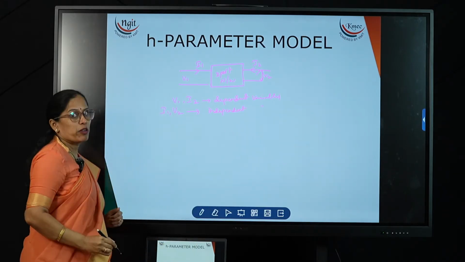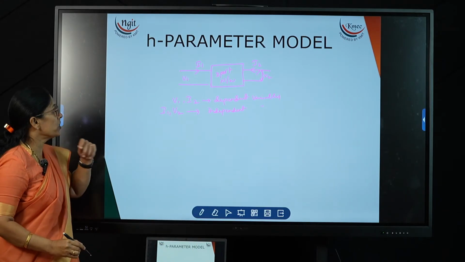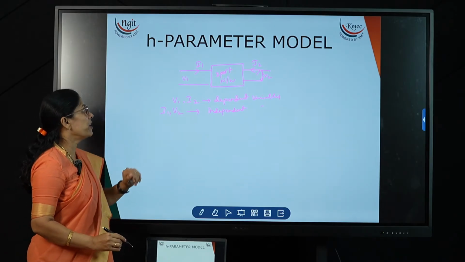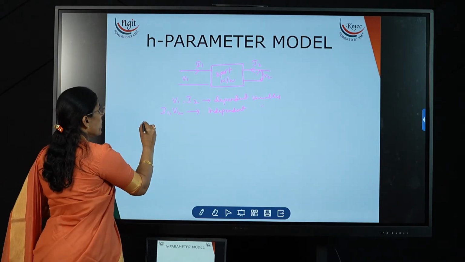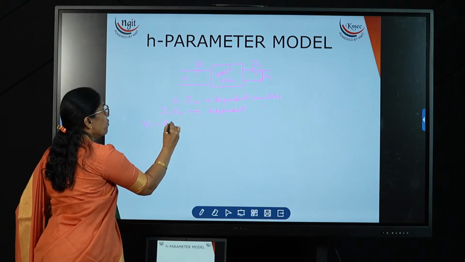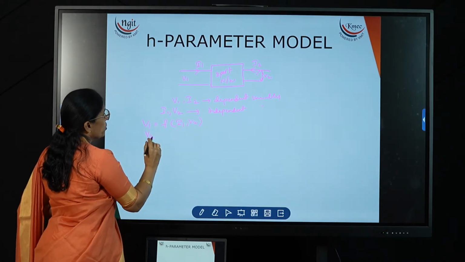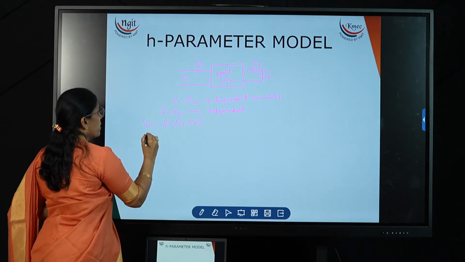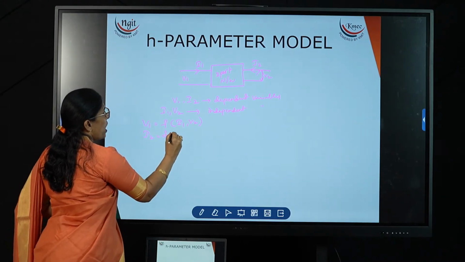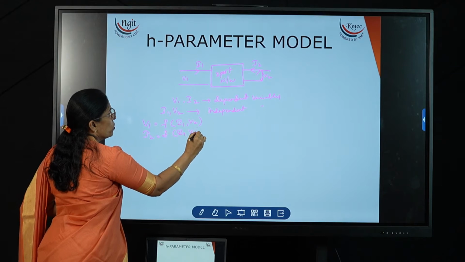If I write the dependent variables in terms of the independent variables, then V1 is a function of the two variables I1 and V2. Similarly, I2 I can also write as a function of I1 and V2.